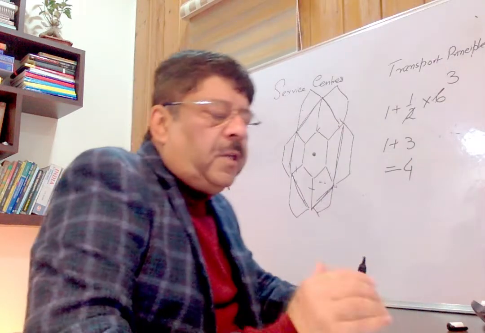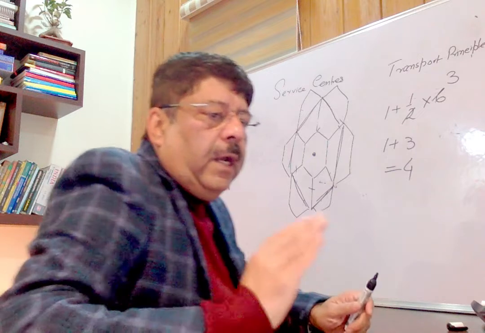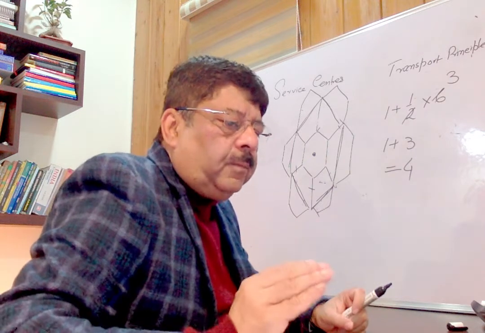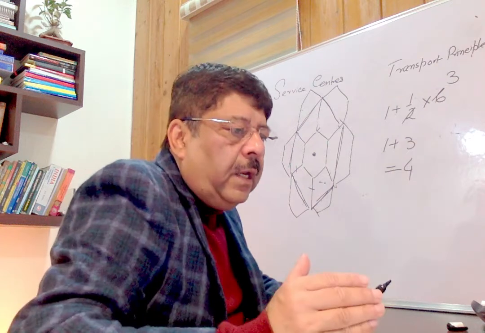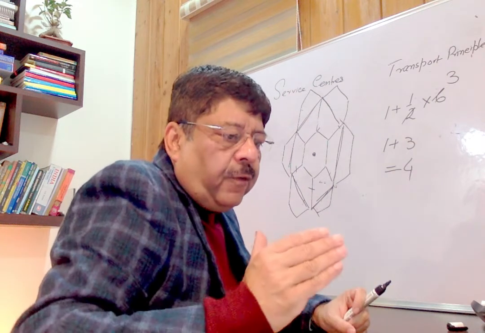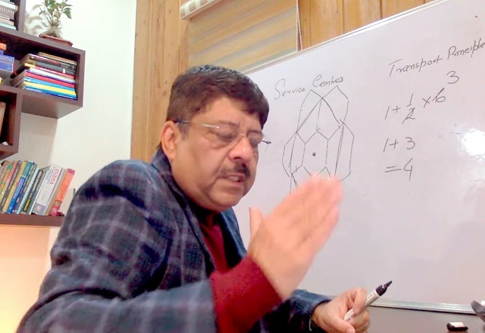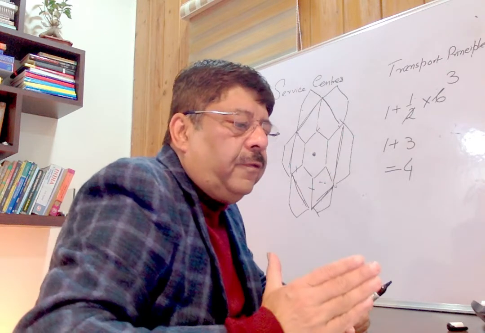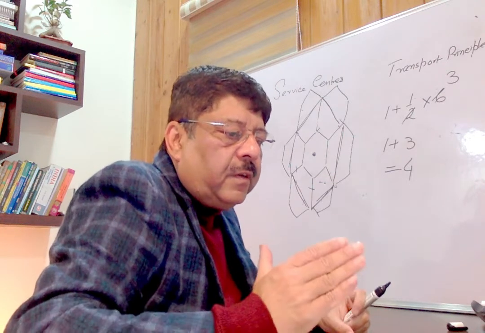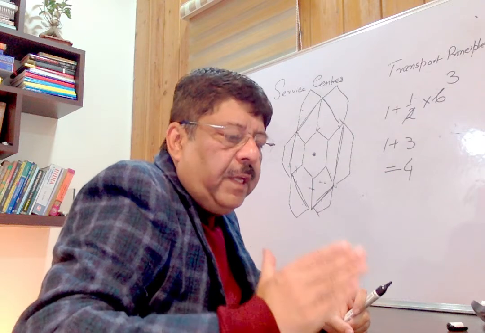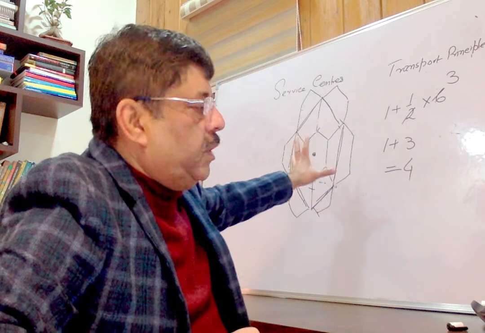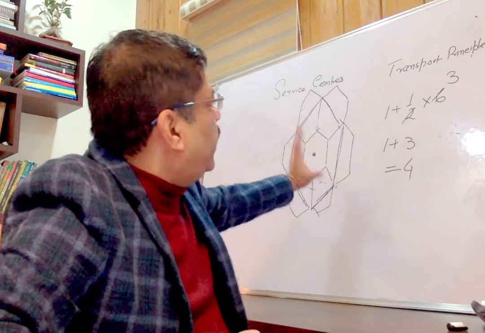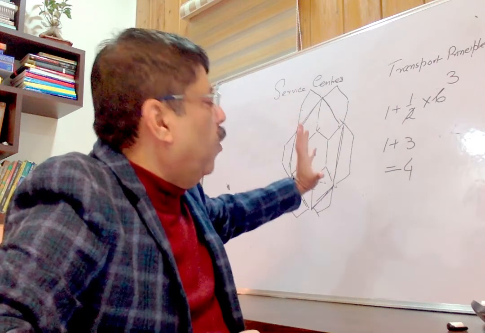In the transport principle, K is equal to 4. The transport network of the higher order settlement will serve half the area of all the lower order settlements in its vicinity.